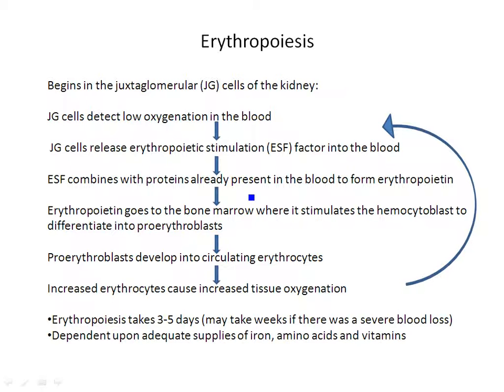All right, so let's look at erythropoiesis and how it actually occurs. It all begins in the juxtaglomerular cells of your kidney. And you're going, what? Well, it turns out that your kidneys are very much in tune with what's going on in your blood, because 1.2 liters of blood actually goes through your kidneys every minute.